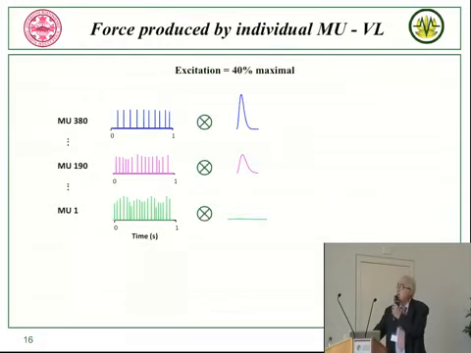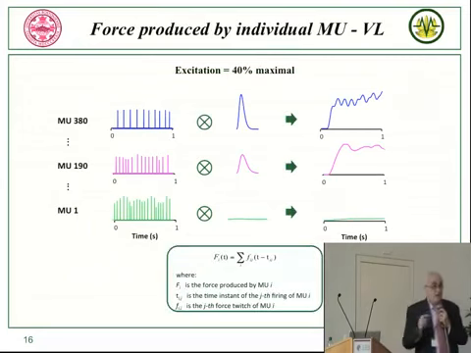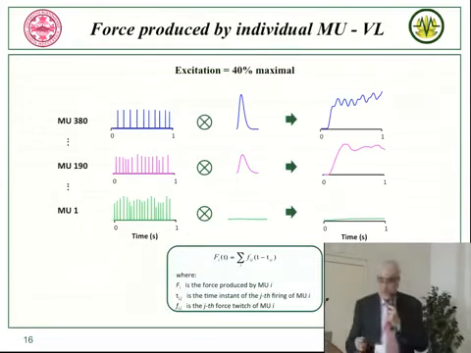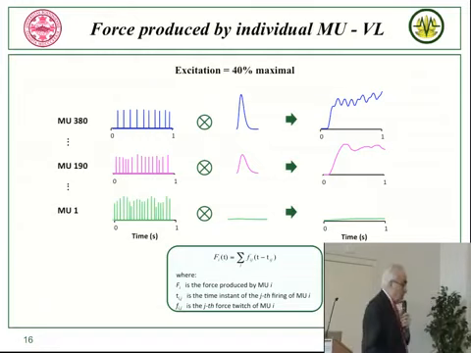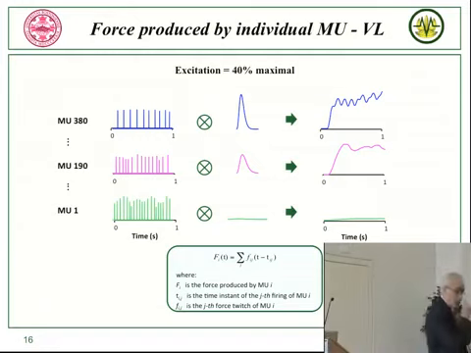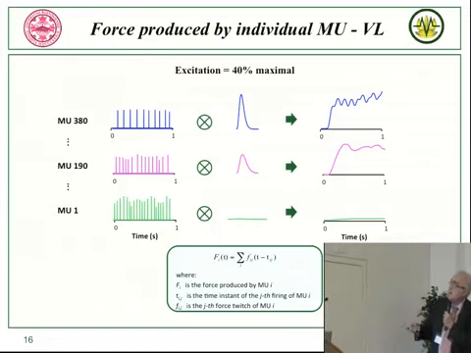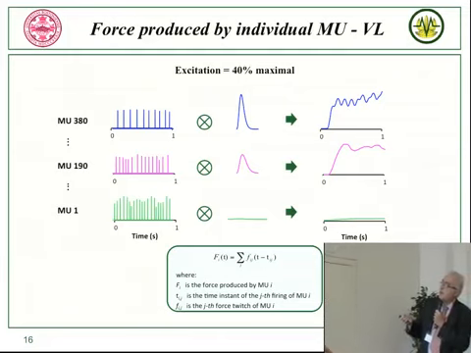Here are 3 examples of the force twitches, and these are the forces produced by the individual motor units. The first motor unit, the lowest level one, has very low level force. Force twitch is small, produces very little force. This one here in the middle somewhere, this muscle here, the vastus lateralis, has about 600 motor units. This one here is number 190.